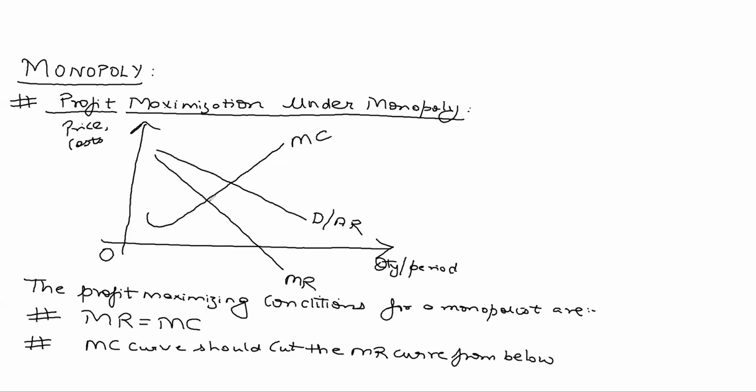So you can see MR is equal to MC at this point. So this is the quantity produced by the monopolist. This is the price charged by the monopolist, which is given by the demand curve.